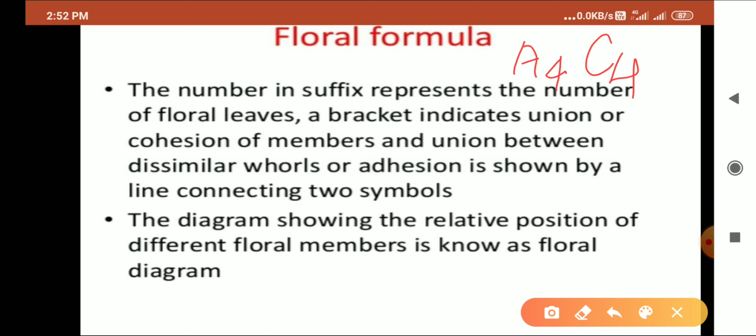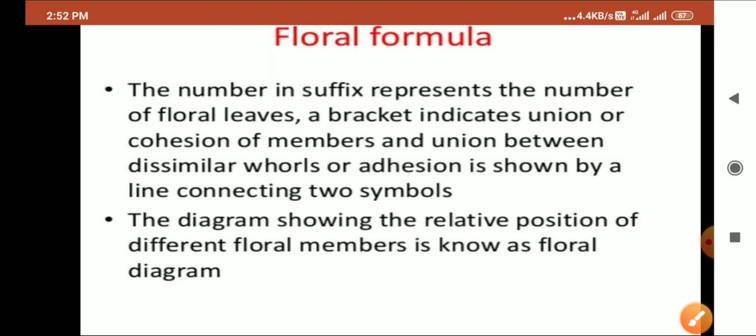And if they are fused, then it is in a bracket. And if androecium is in union with another whorl, that is adhesion, then it is represented like this: A is joined with calyx. So like this it is represented.